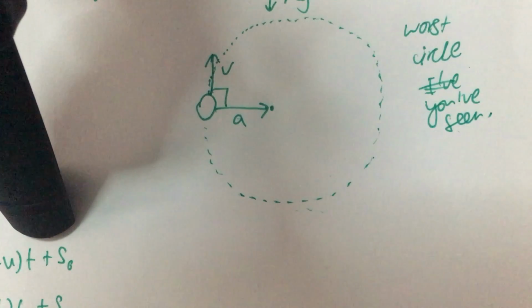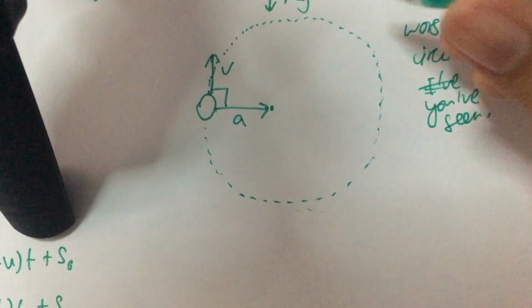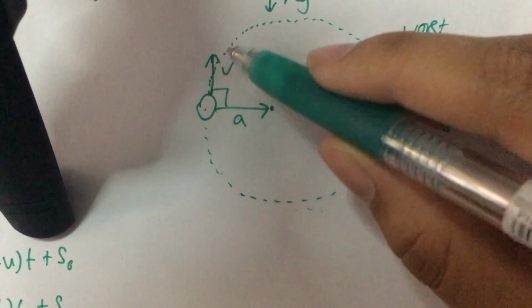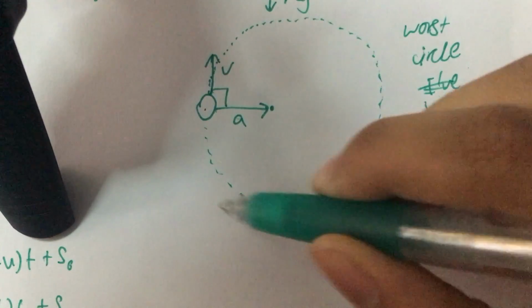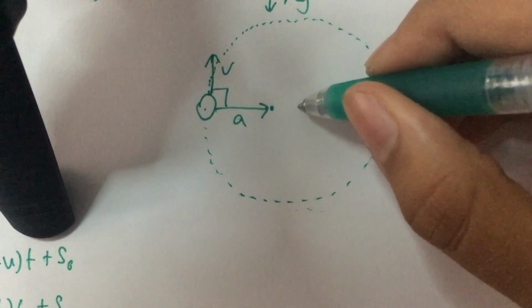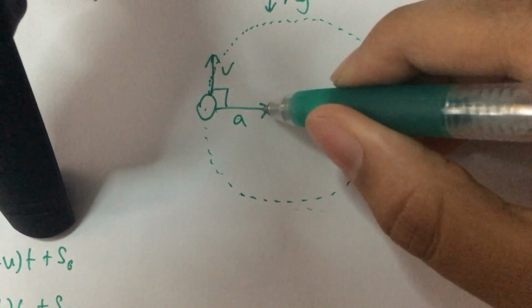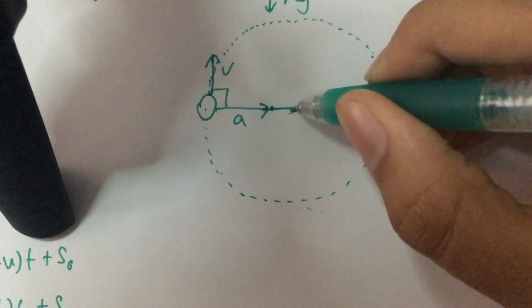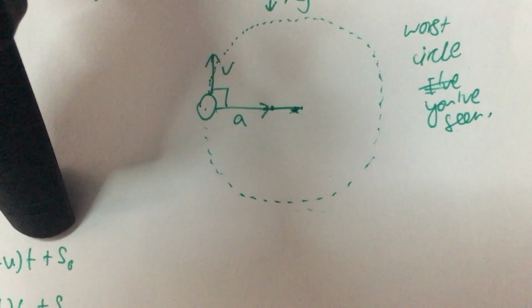It has an acceleration in that direction, and therefore it will keep going in a circle, kind of, until the air resistance stops it, in a way. I will explain this in greater detail in the actual topic of circular motion, but that's basically how it works.